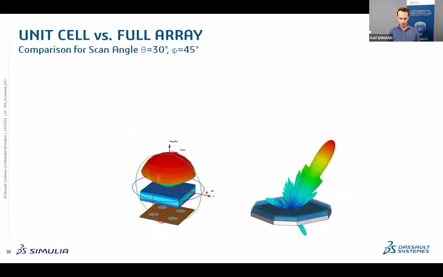And then a nice thing is that we have not only automated building and setting up the finite array, but you can also do a unit cell simulation, so an infinite array of the sub-array, so the 2x2 elements. And you can see there the active element pattern on the left-hand side with the radome taken into account.